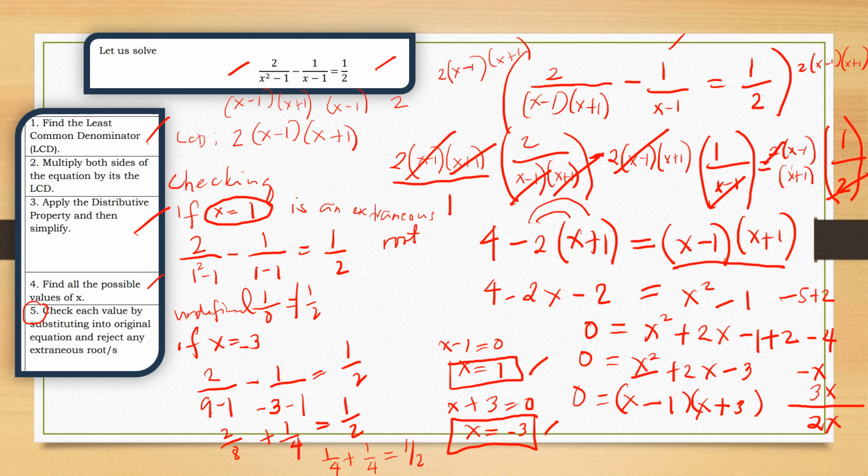Diba ang 1/4 plus 1/4 ay 1 half, equals 1 half. Since nag-satisfy siya, therefore, negative 3 is a solution. That's how we solve for rational equation.